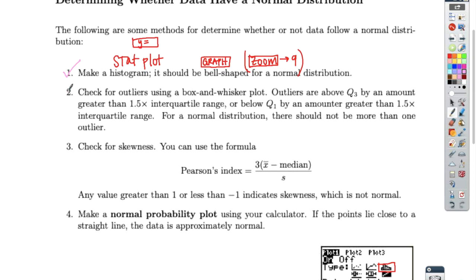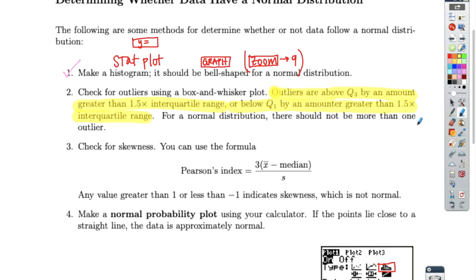Test number 2 is that we check for outliers using a box and whisker plot. So this is really important. We haven't actually defined what an outlier is in this class yet. Outliers are larger than your third quartile by an amount greater than 1.5 times the interquartile range, or below your first quartile by an amount greater than 1.5 times the interquartile range.